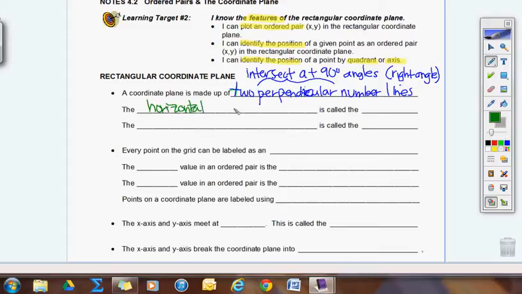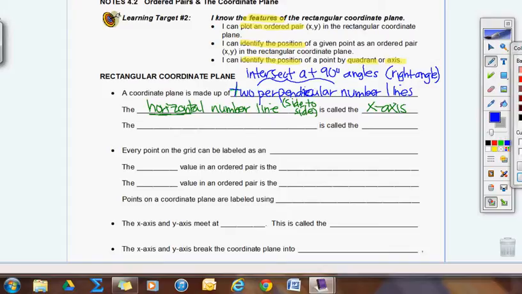If you look at the root word in horizontal, the horizon, the horizontal number line is the one that goes side to side. We call that the x-axis. Going side to side is called the x-axis.